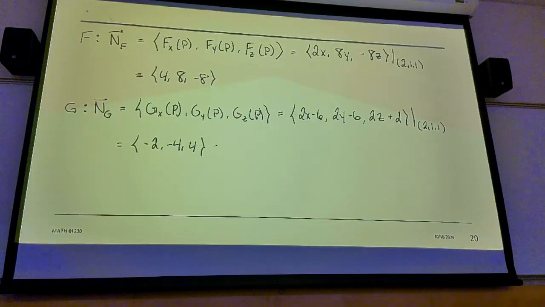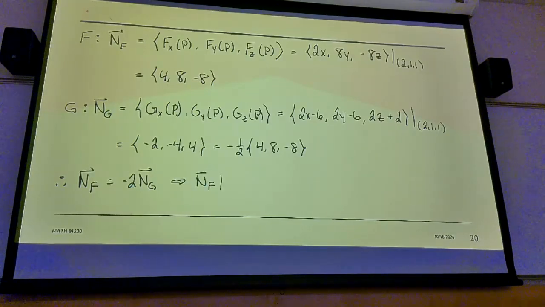Isn't that negative 1/2 of (4, 8, negative 8)? So we can say that n_F is negative 2 times n_G. Which means the vectors are parallel. So the normal vectors are parallel and we're done.